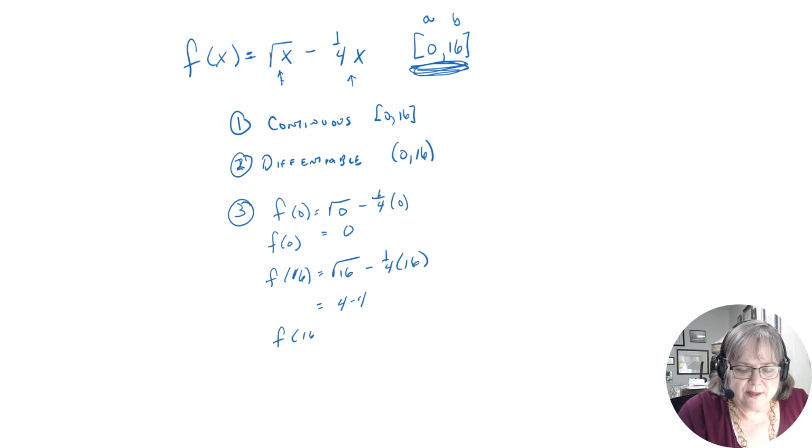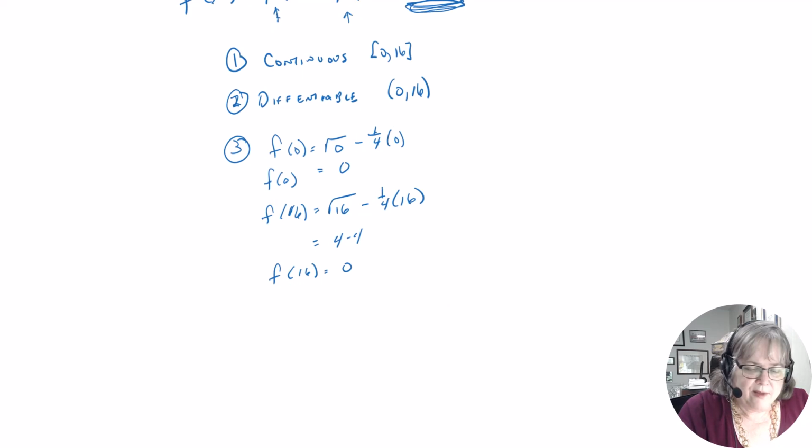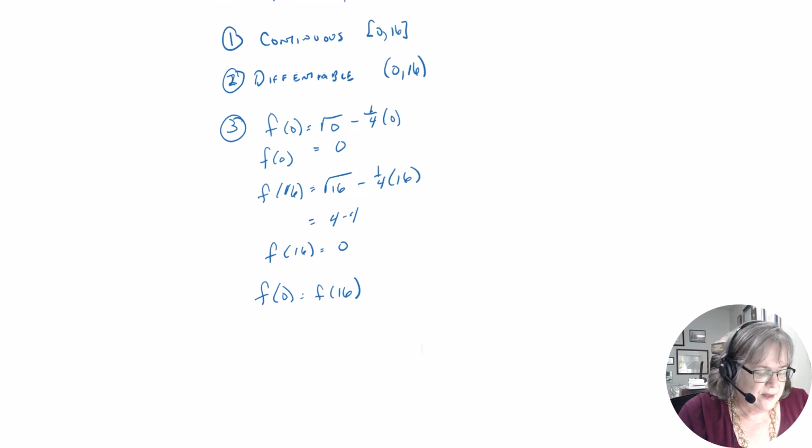So f of 16 is equal to 0. Now they don't have to be equal to 0. What they have to be is equal to each other. And so this is true.